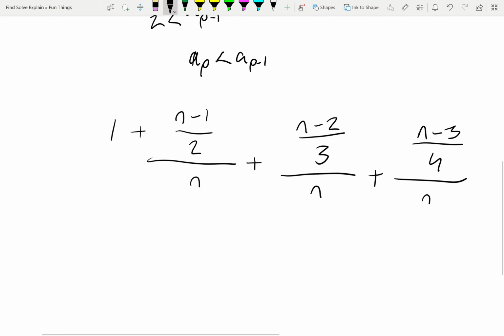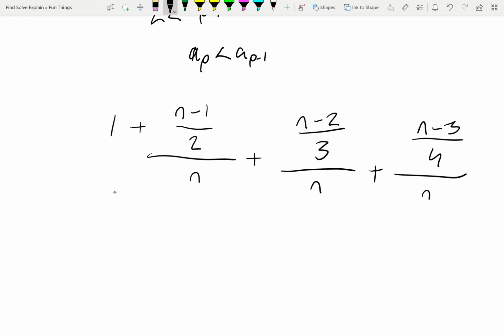Now, quickly doing this, we realize that this overall actually comes to 25n minus 46 over 24n.